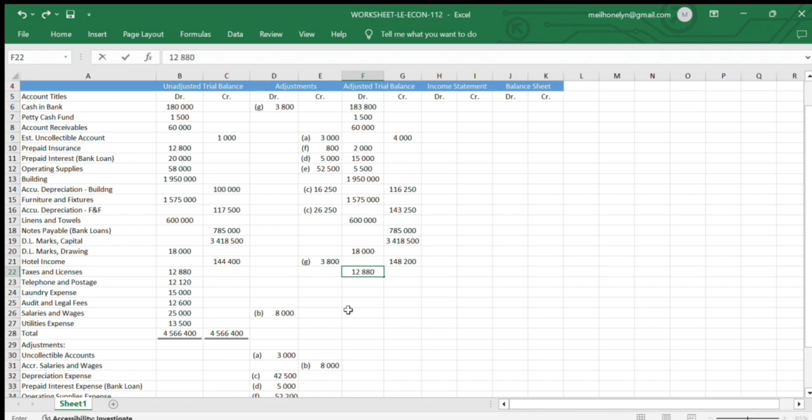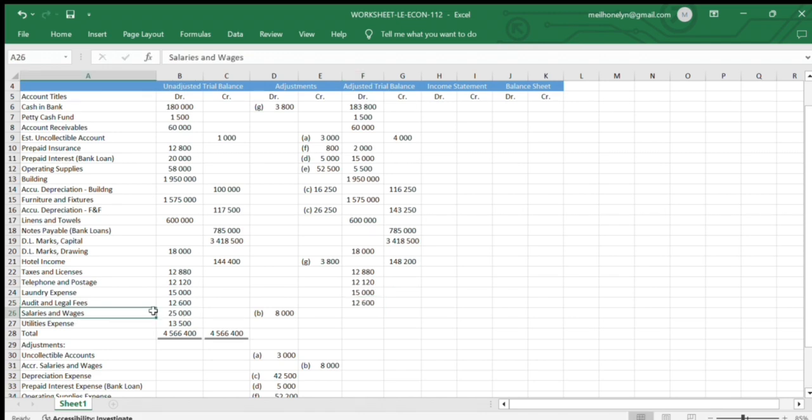All we need to do is copy this one. Also, the telephone and postage, 12,120. The next one is the laundry expense, 15,000. Next would be the audit and legal fees, worth 12,600.